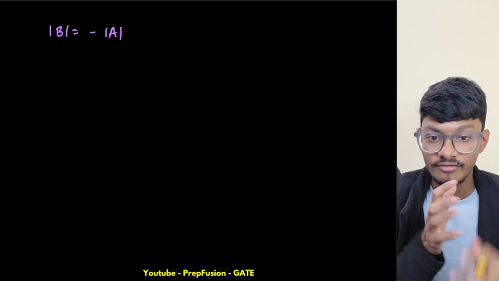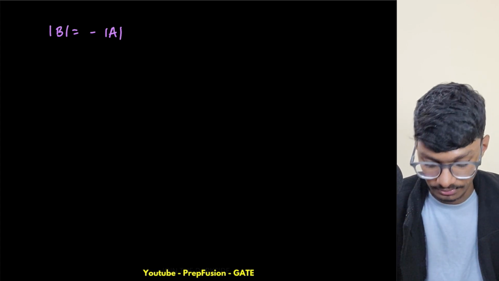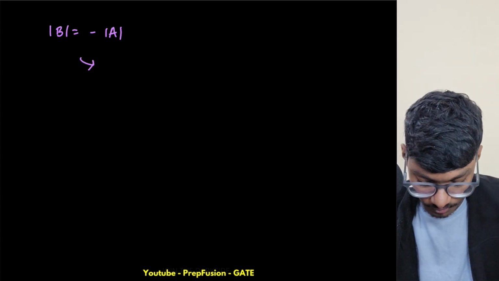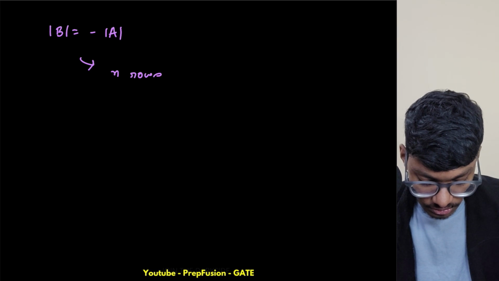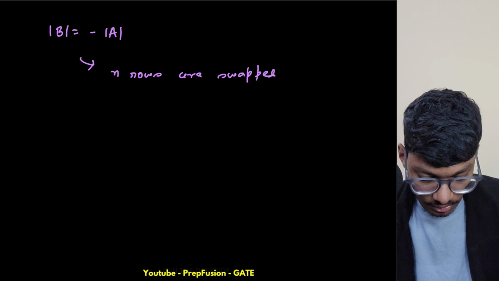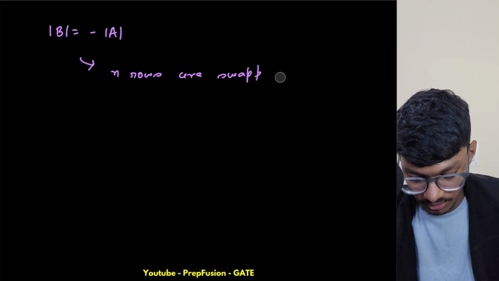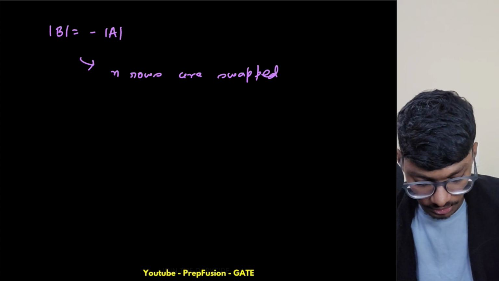Now if n rows are swapped, then what will happen? Mainly this one comes up, the n one doesn't come up, but still it is good to recall.